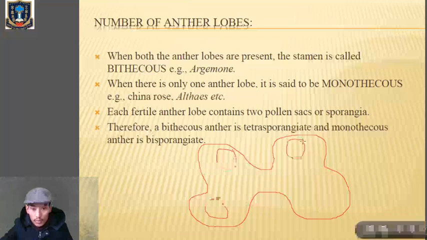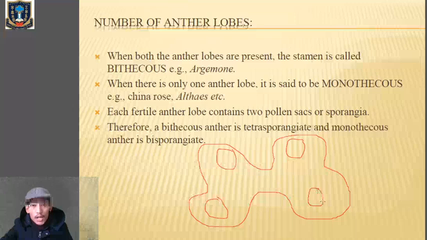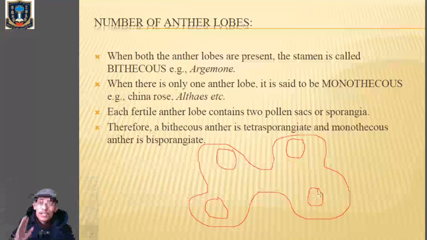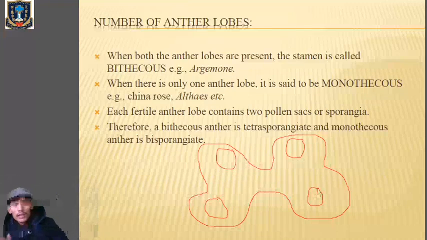So these are the pollen sacs or the sporangia which contain the pollen grains. Therefore a bithecous anther is tetrasporangiate, having 4 sporangia, and a monothecous anther is bisporangiate, having 2 sporangia. So the diagram which I have drawn right now is the bithecous stamen having 2 anther lobes, having both the anther lobes.